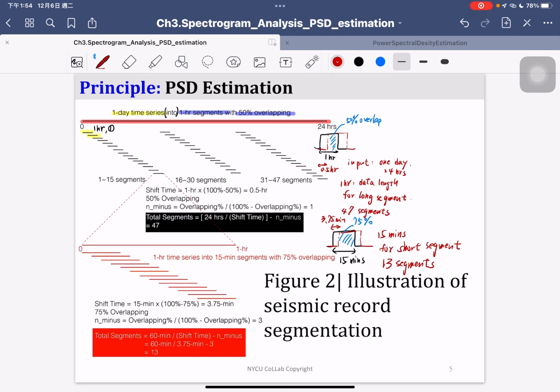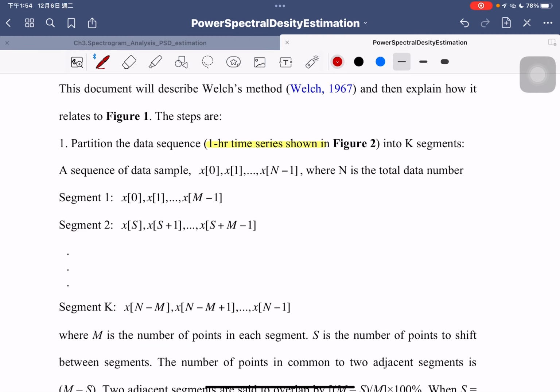Okay, so if I go back to the PDF file, there is a step summary for the power spectrum density analysis. So first one, we have the time sequence, and the time sequence is the 1 hour data. And totally we have the K segments, okay? I cut the 1 hour data into the K segments.